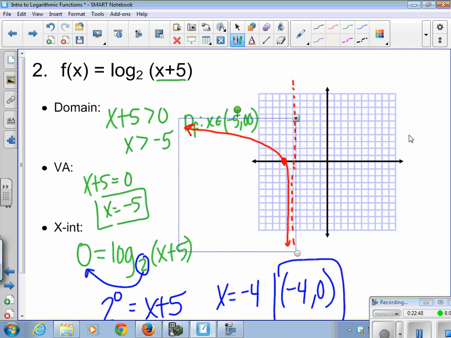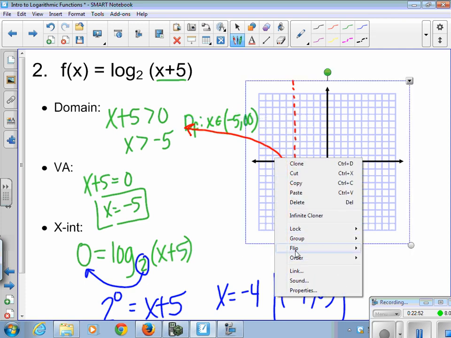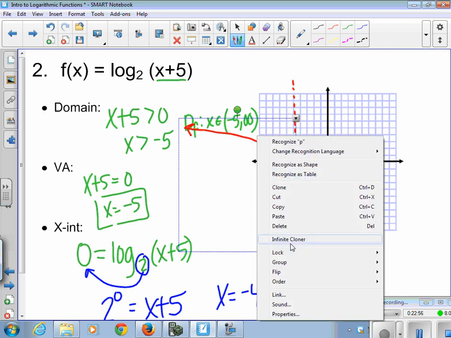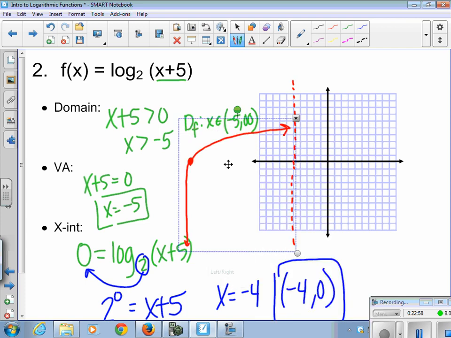So instead of it going this way, it's going to go this way. I'm going to flip that back because that was not our function. So flip left, right.